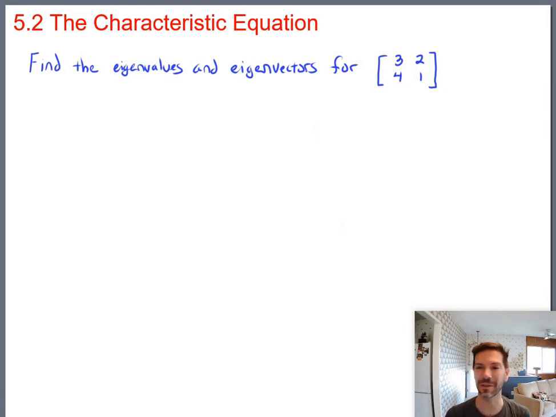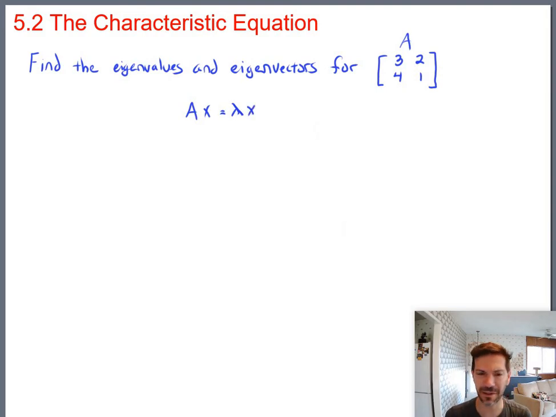So let's start with a small example, and I think that will illustrate the general process for us. Find the eigenvalues and eigenvectors for this thing. Keep in mind what we are looking for if this is an A: A times some eigenvector, x, equals an eigenvalue, which we usually call lambda, times that same eigenvector.